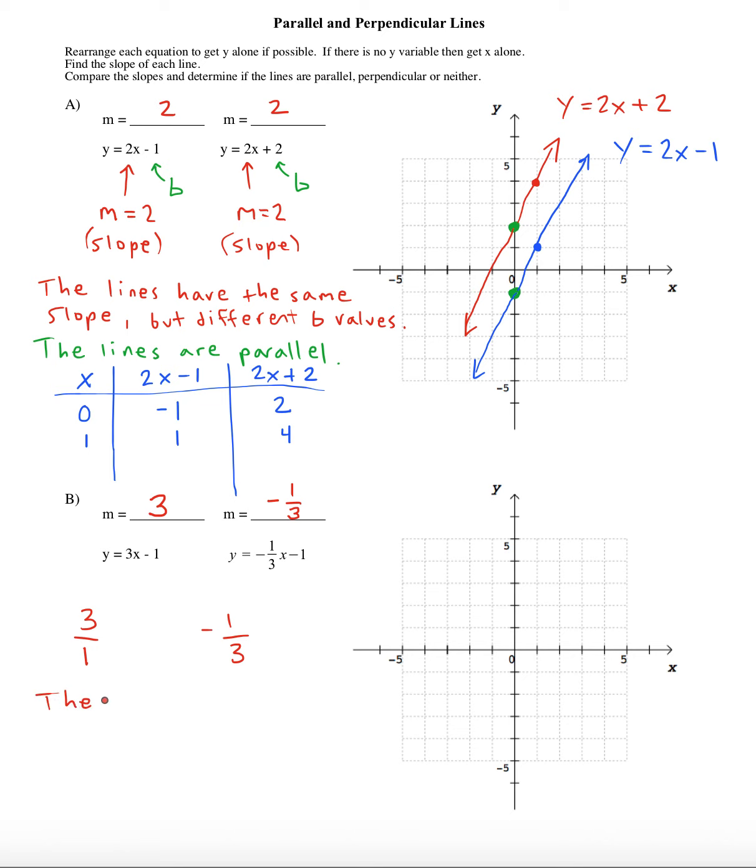Yes. They have slopes which are negative reciprocals. So these lines must be perpendicular.